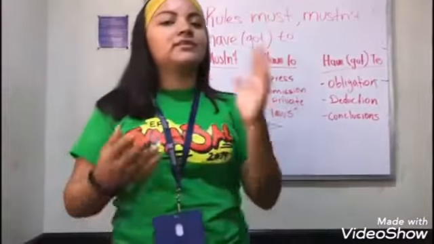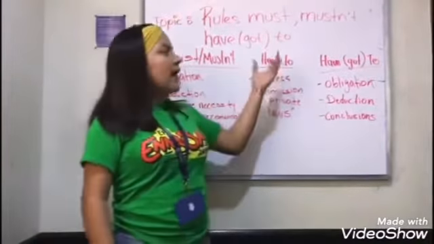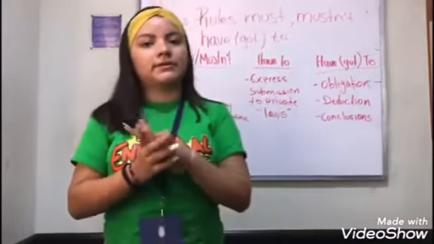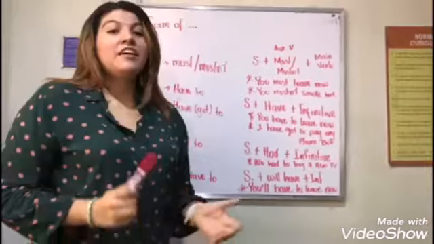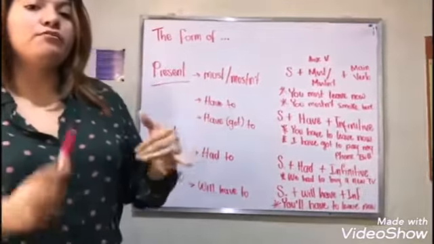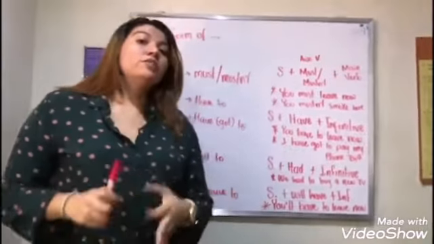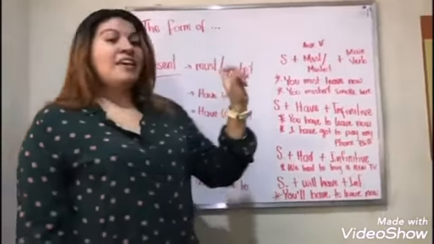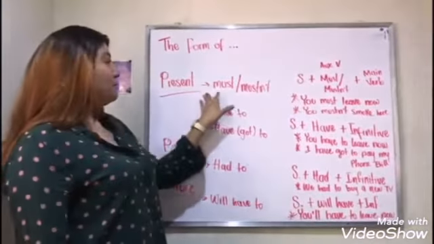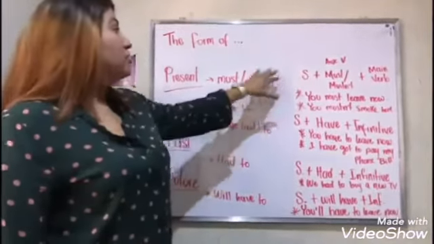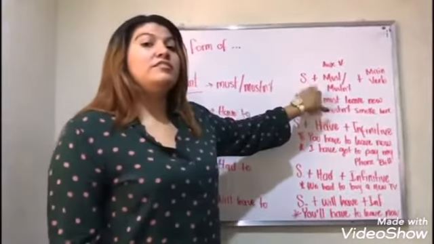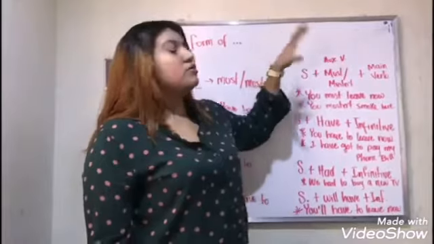I'm going to explain the structure of must, mustn't, have to, have got to in positive, in past, in present, and future. Continue with the topic. Now I'm going to explain to you the form of mustn't and must, have to, have got to. First, in the present, we use must or mustn't, and the structure is the subject, must or mustn't, that is the auxiliary verb, and then we use the main verb.